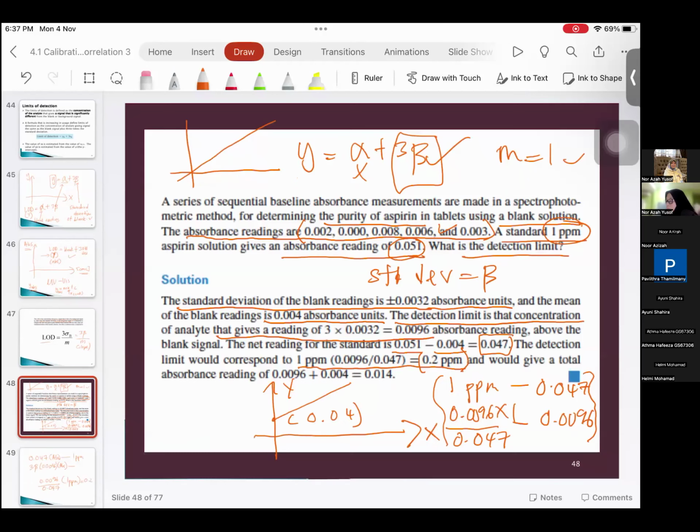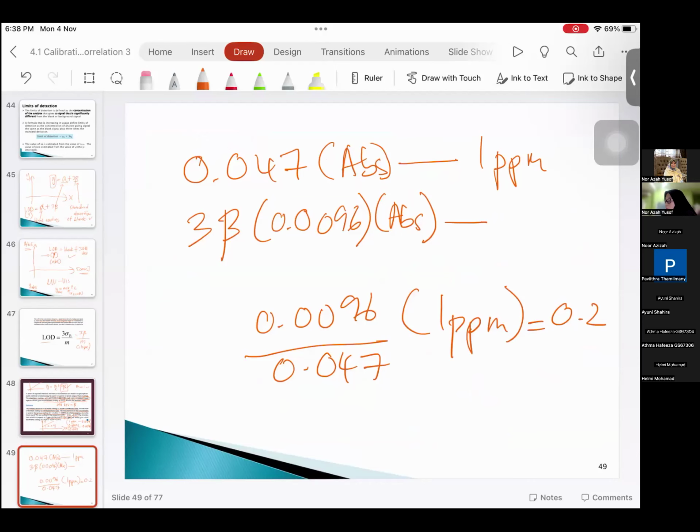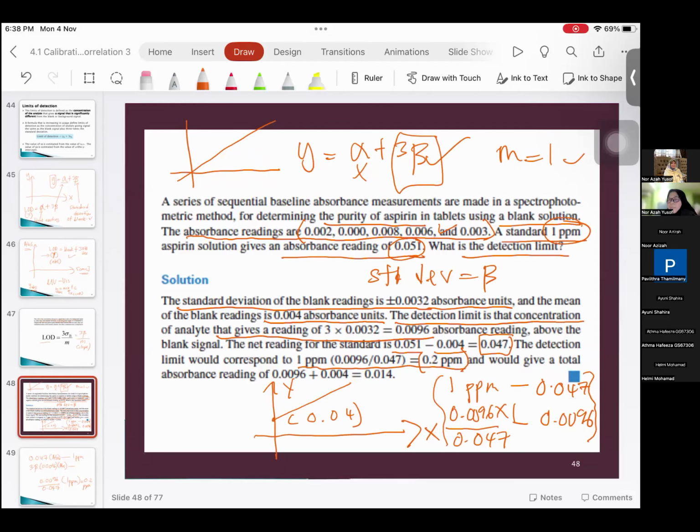Am I correct? Yeah, 0.2 ppm. So this is the limit of detection. The interpretation from this is that the limit of detection is only considering 3 beta.